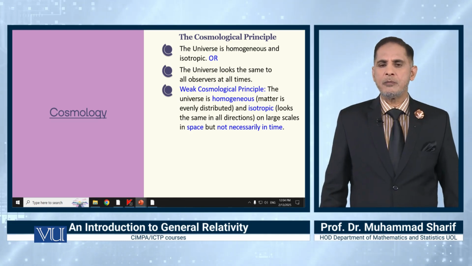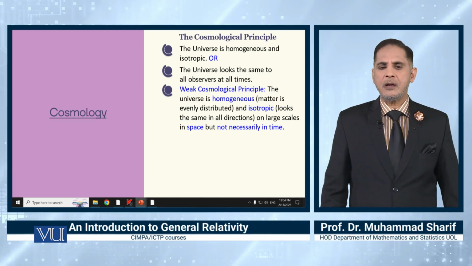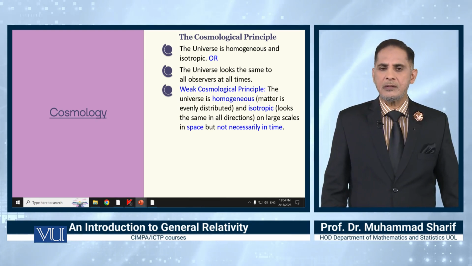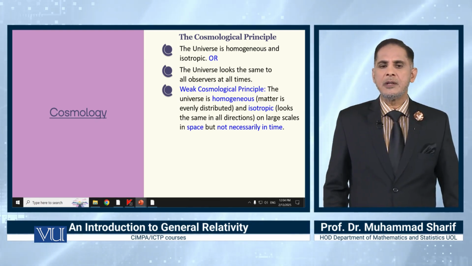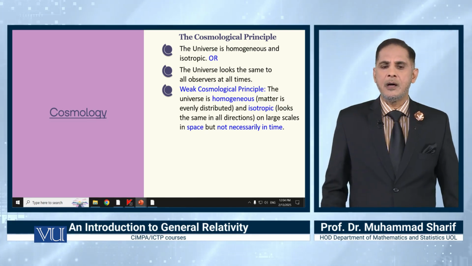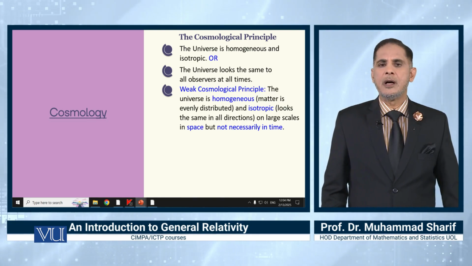The first version is called the weak cosmological principle. According to this principle, the universe is homogeneous and isotropic on large scales in space, but not necessarily in time. So, it means with respect to time, it cannot be homogeneous and isotropic.